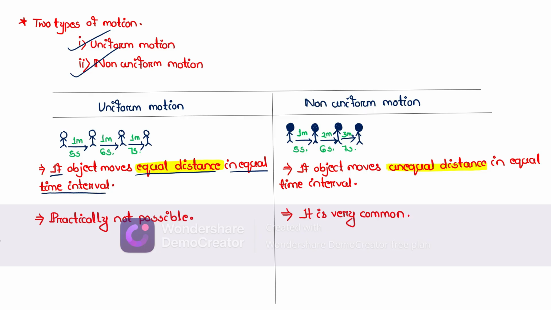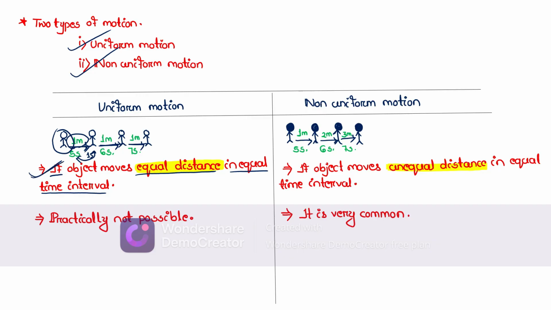As you can see, here a person is moving 1 meter in 5 seconds, again 1 meter in 6 seconds, again 1 meter in 7 seconds. So the gap of time is 1 second and the distance is 1 meter. In uniform time it is covering uniform distance. This is called uniform motion.